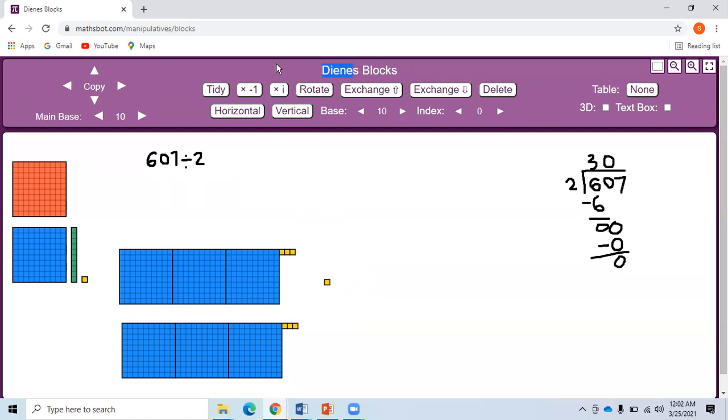If I go back to my algorithm, I have 7 ones. I need to bring down the 7. 2 goes into 7 3 times. 3 times 2 is 6. Subtracting, I have 1. I have a remainder of 1, which I write up here right by my quotient.